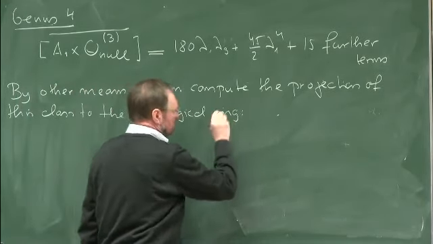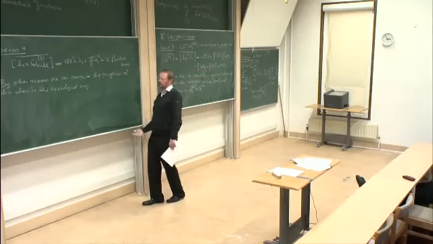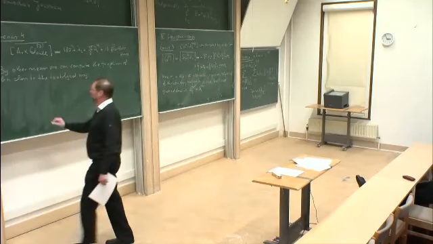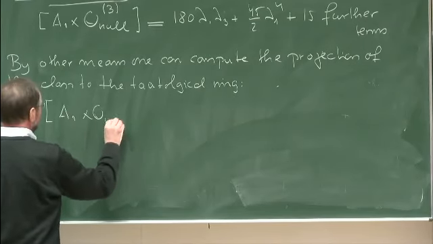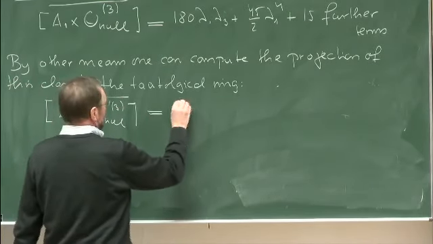So the tautological ring is a subring, but in each degree we have a perfect pairing, so we can project to the tautological subring. That was something pioneered by Faber and van der Geer. And then if we do that, that's a totally independent calculation, we come out with this.